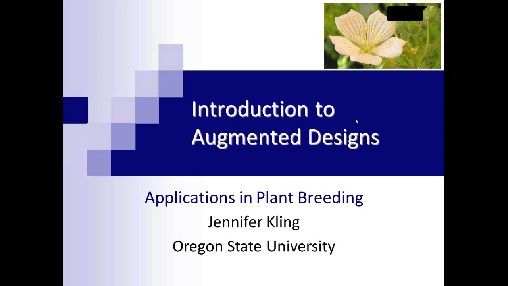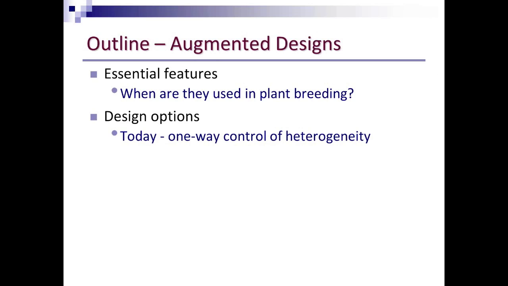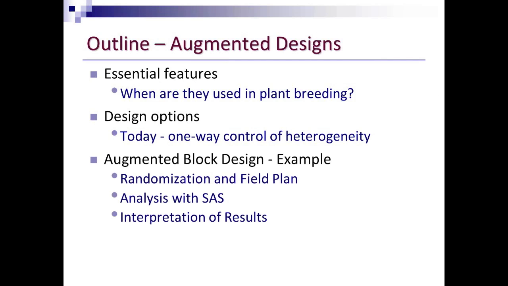Okay, well, thank you for that introduction, Heather. I'll start by giving an overview of the presentation today. I'll first describe the essential features of augmented designs and when we use them in plant breeding. We'll talk about some of the design options, and as Heather mentioned, today we'll look more closely at a simple case where we have just one-way control of heterogeneity.